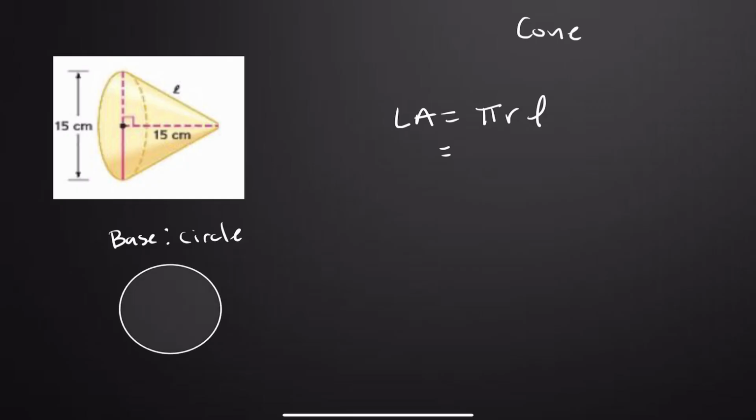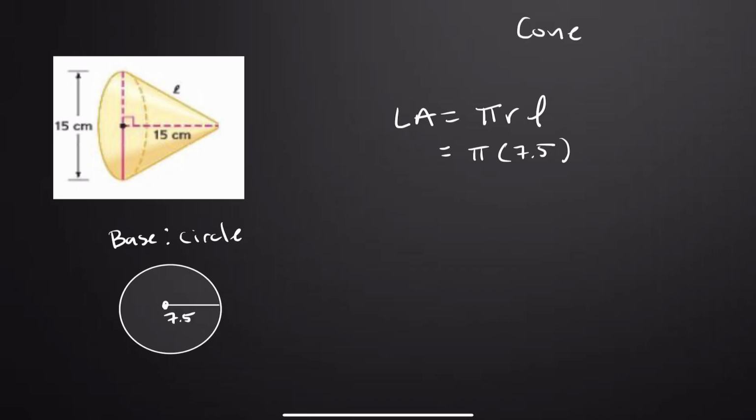And we know it has a diameter of 15, but the radius is 7.5. Okay, it's 7.5. So I can go ahead and do this. Pi times the radius is 7.5, and then the slant height, this is not the height, these are the slant heights.